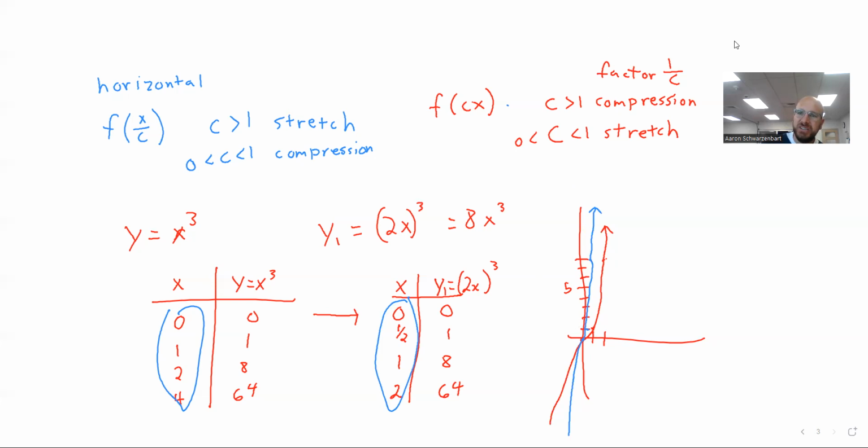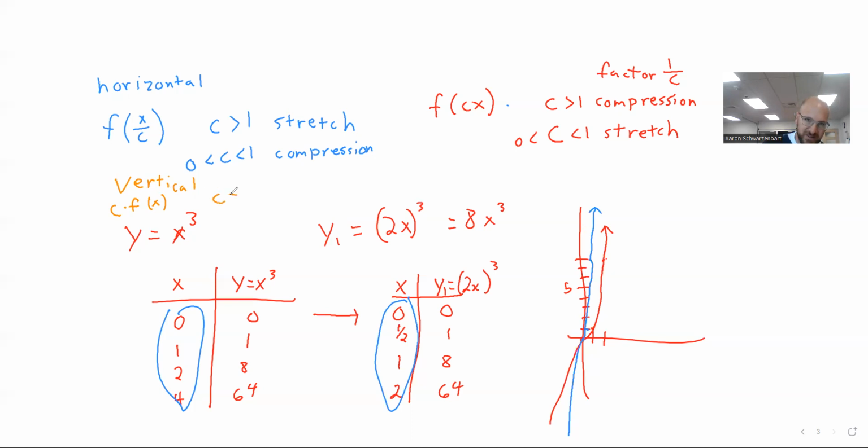A vertical stretch, we can do the same thing. Vertical stretch or compression is c f of x. So it's on the outside. Inside the function, I was applying this, putting it inside and then cubing it.